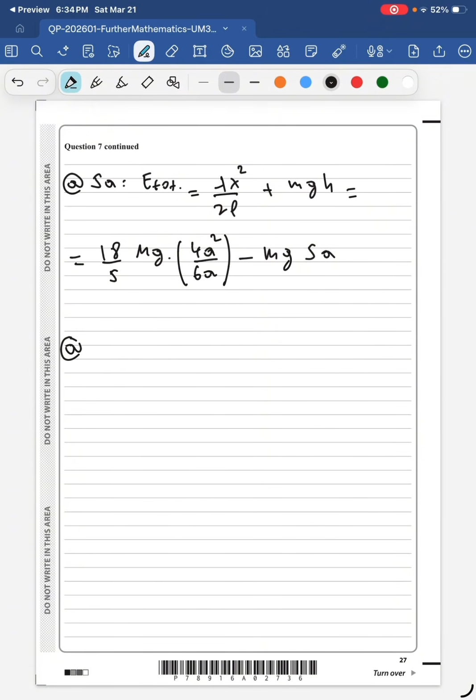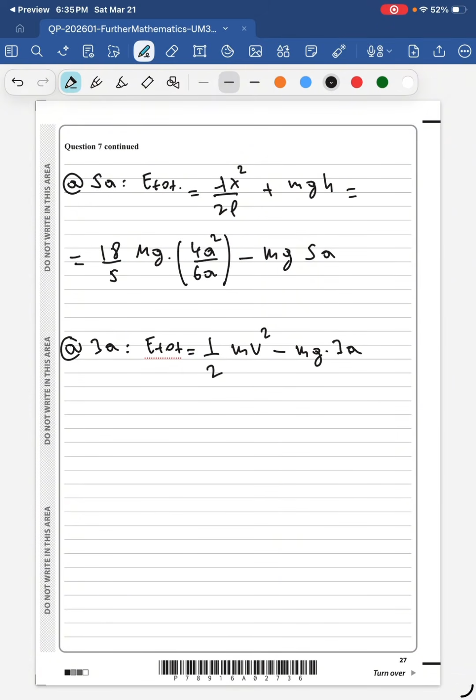Now at the position 3a, the total energy is 1/2 mv squared minus mg times 3a, because it's below the point of 0 gravitational potential energy, and the elastic energy is 0 because the extension is 0.